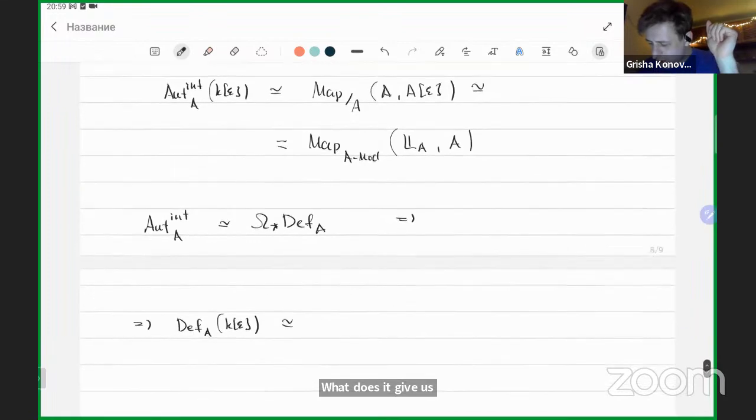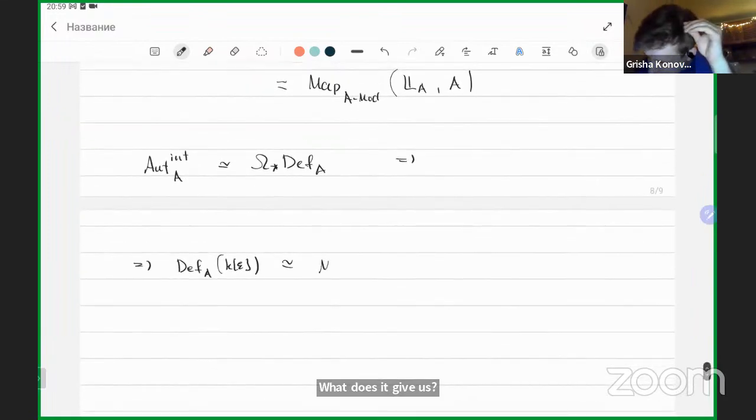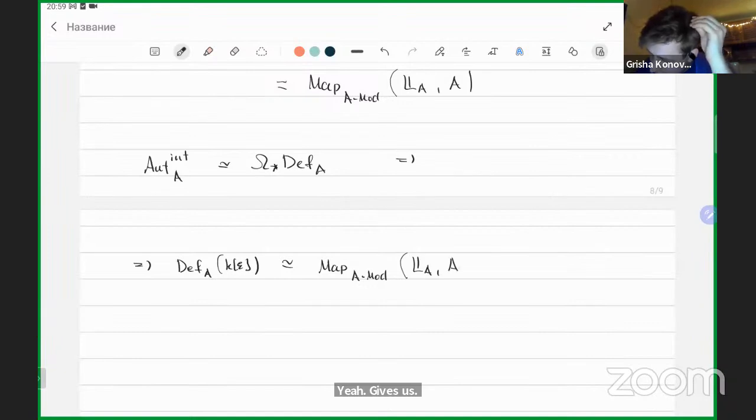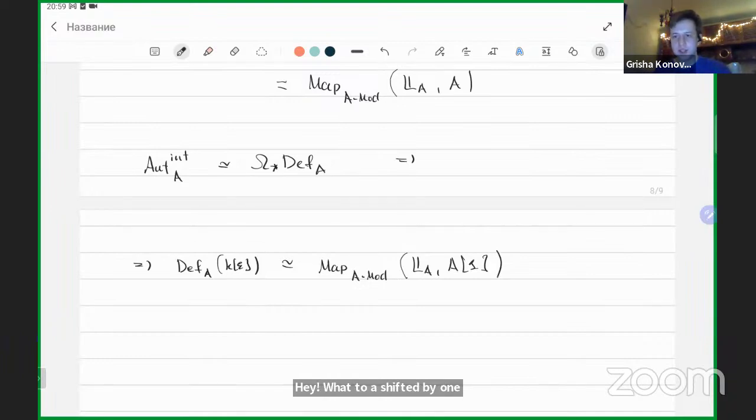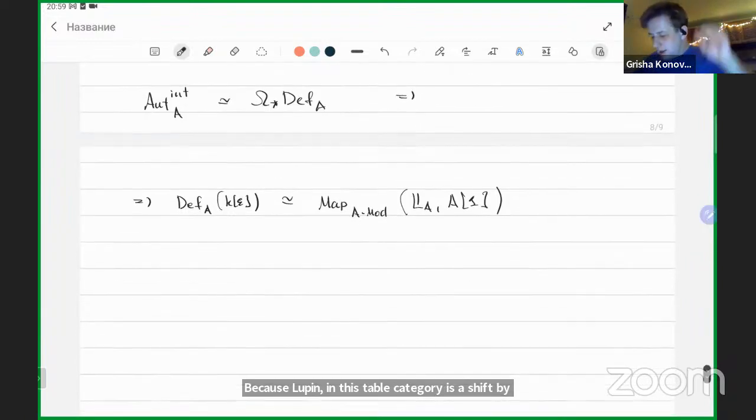Yeah, it gives us the mapping space from A to A shifted by 1. Because looping in a stable category is a shift by -1, so de-looping is a shift by 1.